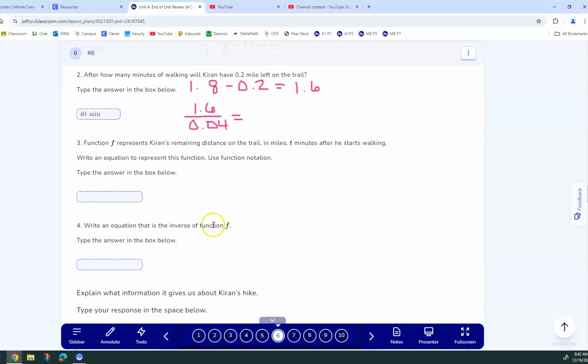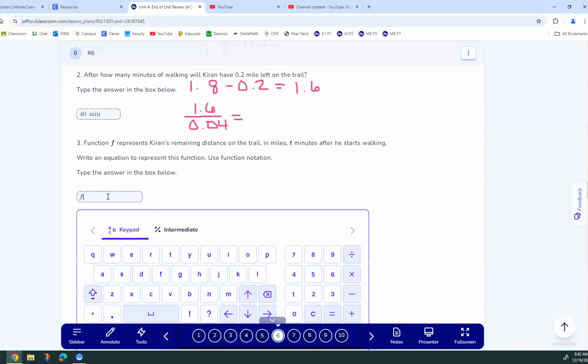All right. Function f represents Kieran's remaining distance on the trail in miles, t minutes after he starts walking. Write an equation to represent this function. Use function notation. So the function is distance as a function of time. How far he walks depends on how many minutes he's been walking.